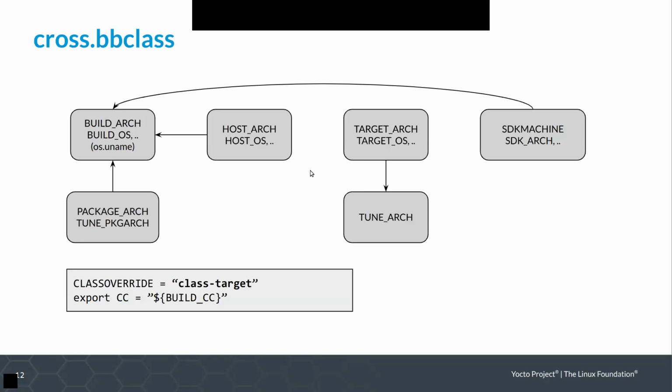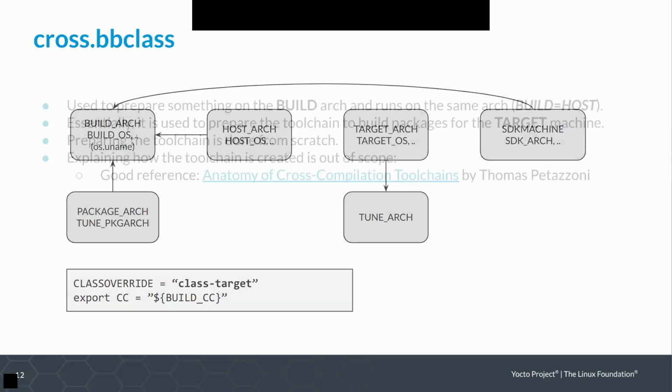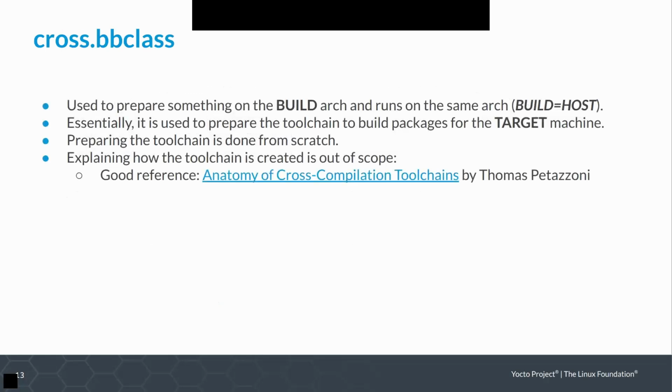This is the cross variant. So this is basically used to prepare the cross toolchain that will run on your same build system and provide packages for your target machine.